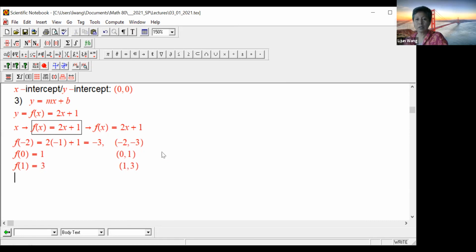And now can you plot the dots and connect the dots? And also answer these questions. Domain, range, intercept.